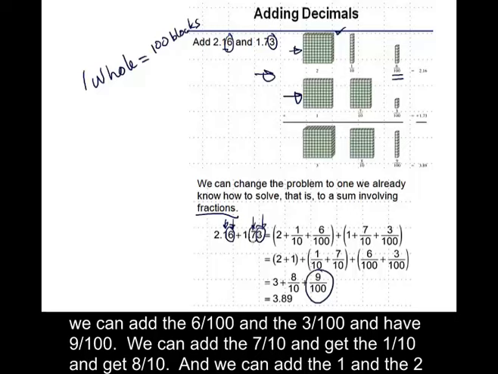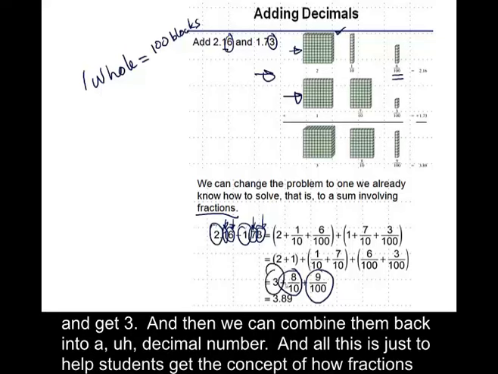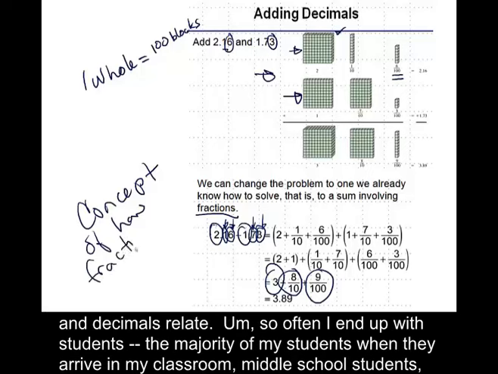We can add the 7/10 and the 1/10 and get 8/10. We can add the 1 and the 2 and get 3, and then we can combine them back into a decimal number. And all this is just to help students get the concept of how fractions and decimals relate.